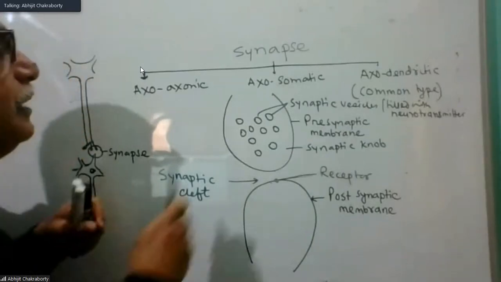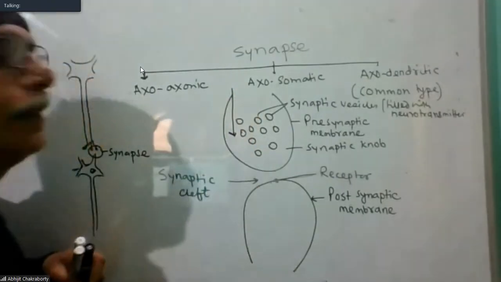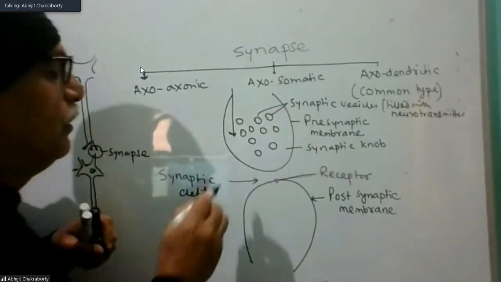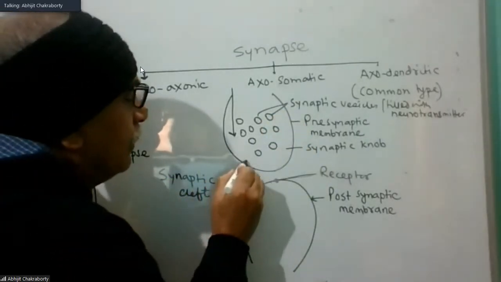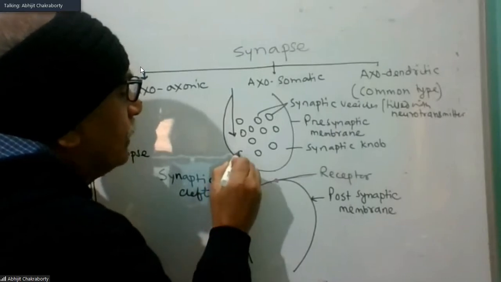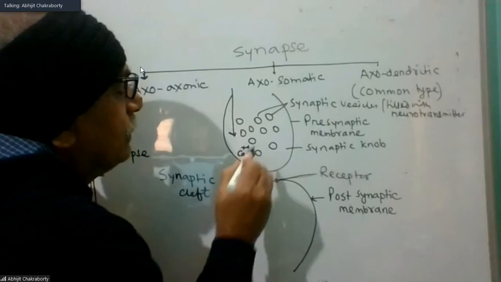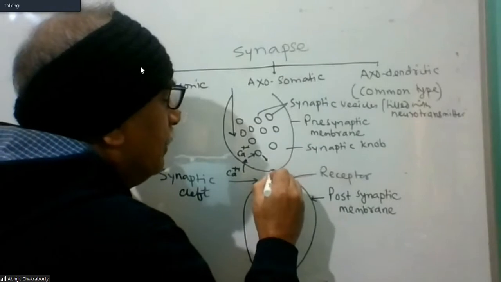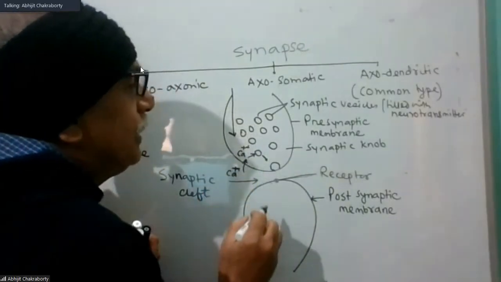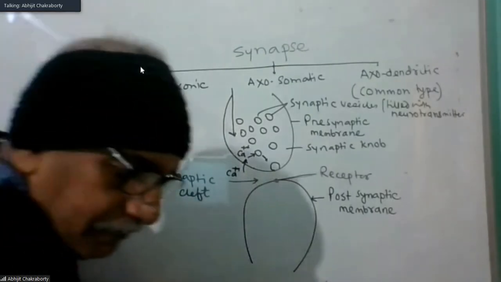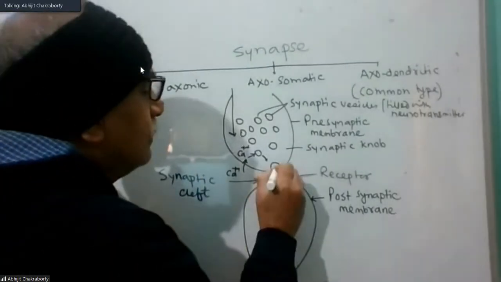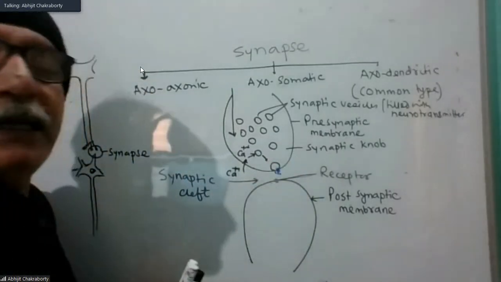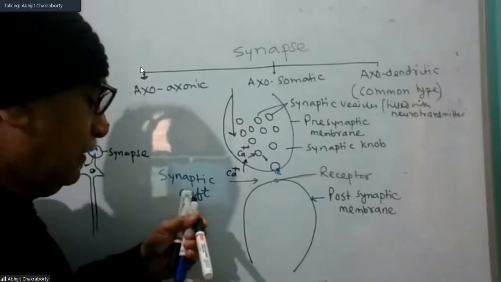So whenever the stimulus comes, the permeability of the presynaptic membrane changes. Calcium ion channels open, calcium ion enters inside and stimulates the vesicles, and vesicles come in contact with the presynaptic membrane and secretion starts. That means the neurotransmitter, mainly acetylcholine, is secreted.